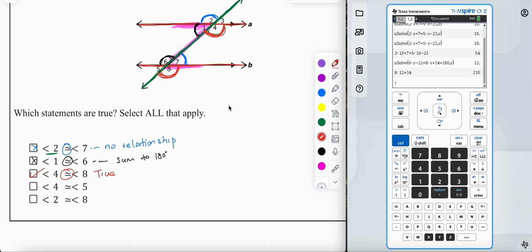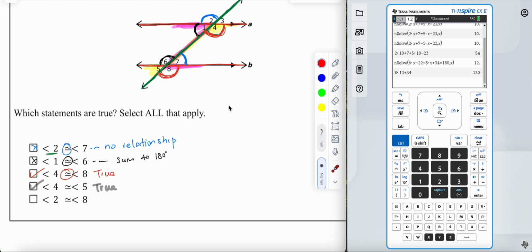All right, let's look at 4 and 5. So if I make my other Z, 4 and 5 is also true because they are alternate exterior. So this is on the outside. This is also on the outside. All right, so this is true. 2 and 8.